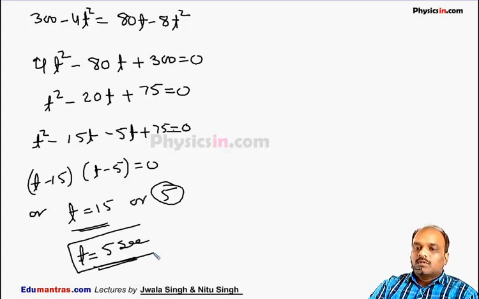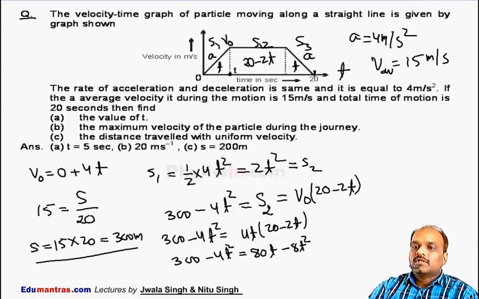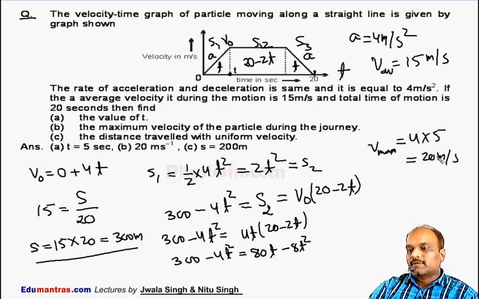So the particle accelerated for the first 5 seconds. The second question is the maximum speed acquired by the particle. The maximum speed acquired by the particle is v naught, which is equal to 4 into t, so 4 into 5, that is equal to 20 meters per second.